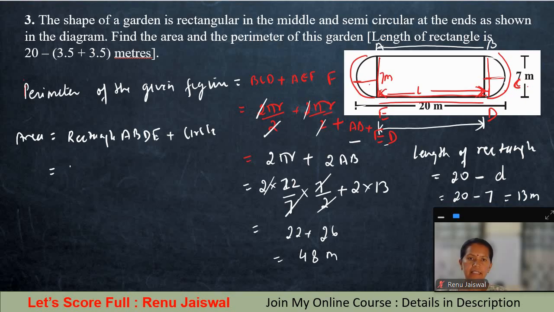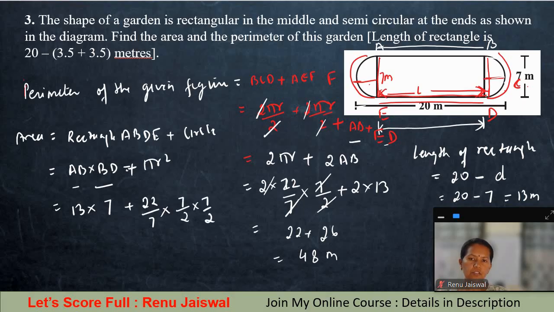Area of rectangle is length into breadth, means AB into BD, and circle is pi r square. AB we have calculated 13, BD means breadth, which is again 7 given in the figure, and pi is 22 by 7. In place of radius I can write 7 by 2 and 7 by 2 because it's a square. 7 by 2 is radius and it's square, so I wrote twice. We can do the cancellation, 2 1s are 2, 11s are.